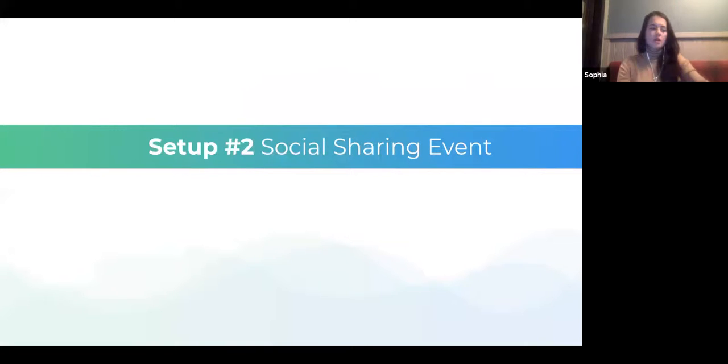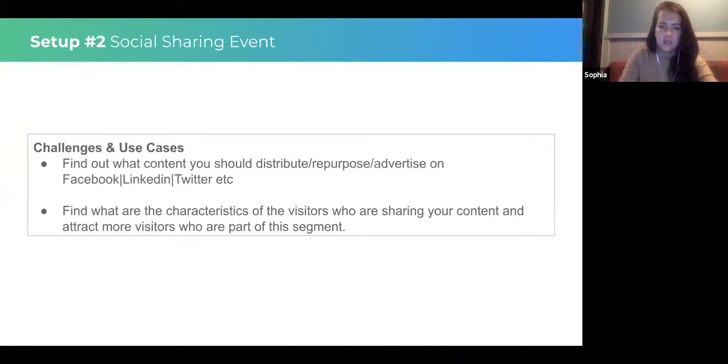The next event or GTM engagement setup that we want to look at is the social sharing event. Let's say that we want to find out what content we should distribute, repurpose, or advertise on specific social media channels.